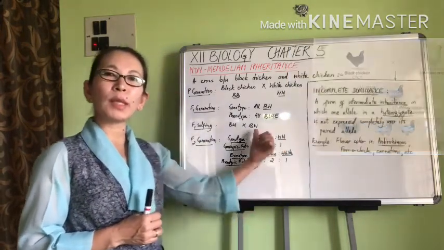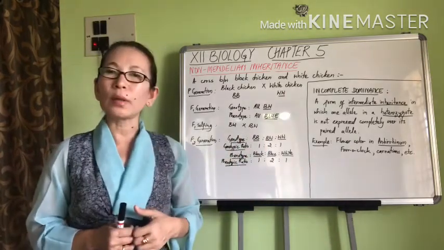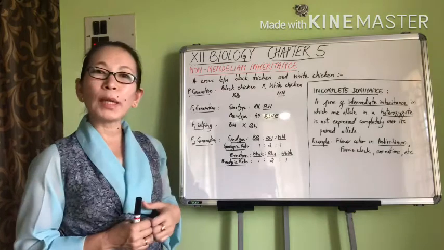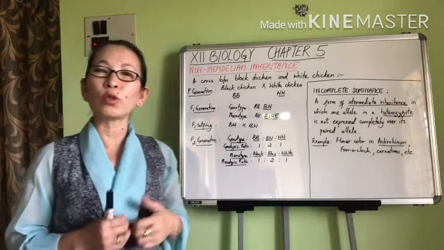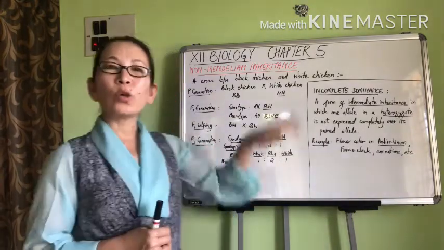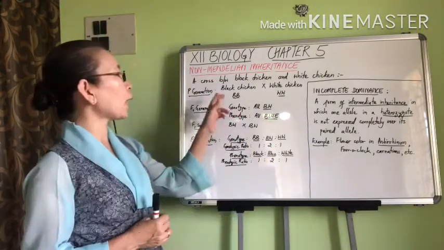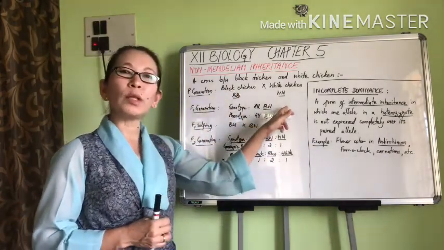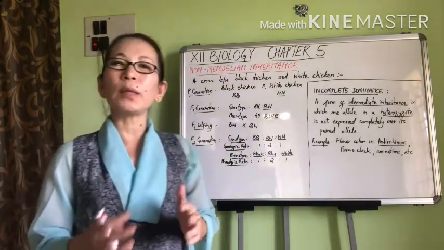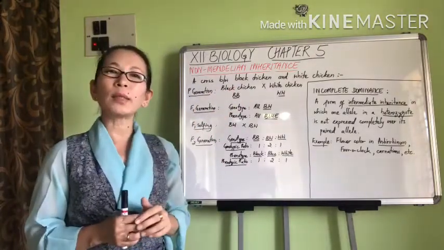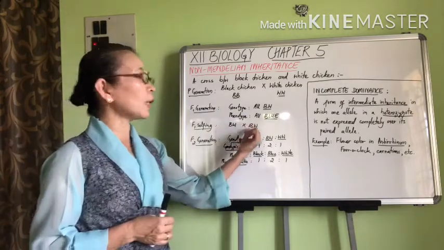So again you can see the genotypic and phenotypic ratio of the F2 generation remaining the same here, with a 1:2:1 ratio for genotype as well as a 1:2:1 ratio for phenotype. So this is again an example of incomplete dominance, where capital B is not completely dominant over white, nor is white completely recessive or completely dominant over black. And as a result we have the expression of an intermediate phenotype in the heterozygotes.